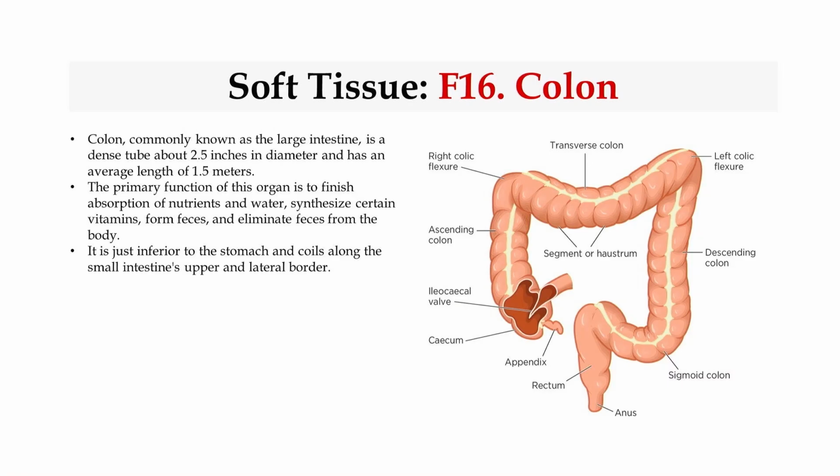Then you have the right colic flexure followed by the transverse colon, which is known as a segment of haustra, right? Then you have the left colic flexure, finally followed by the descending colon. This transitions into the sigmoid colon. These are the different components of the colon, and it finally goes to the rectum.